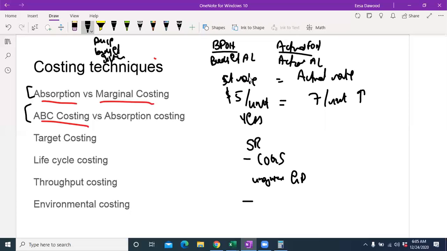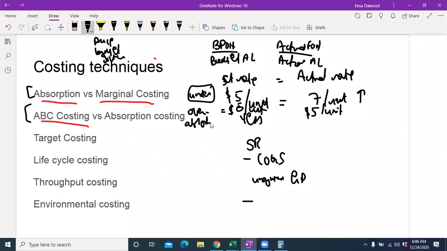In this case, if we absorbed less, the situation would be under absorbed. The other way around, for example, the rate I charged was 6 per unit but the actual cost was 5 per unit. Then this situation will give rise to over absorption.